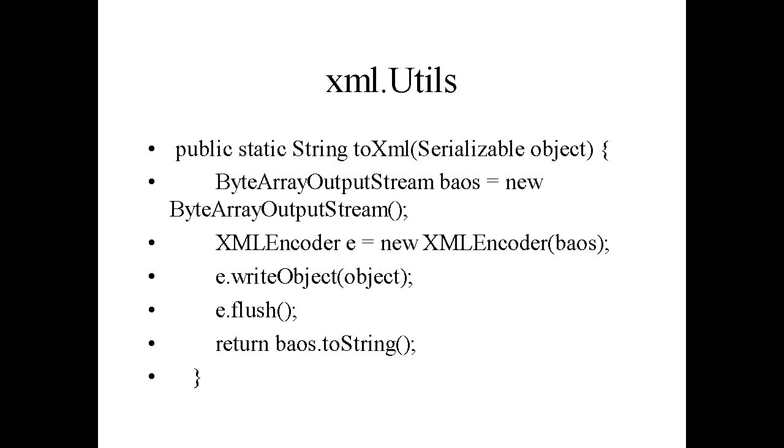Now, since XML wants an output stream, what I do is I fool the XML encoder into writing to a byte array output stream, and then once I flush the XML encoder, all of the information is in the byte array output stream, and all I have to do is convert it back to a string. And that enables me to get, and this works reasonably well for modestly sized objects, a string representation of the object.